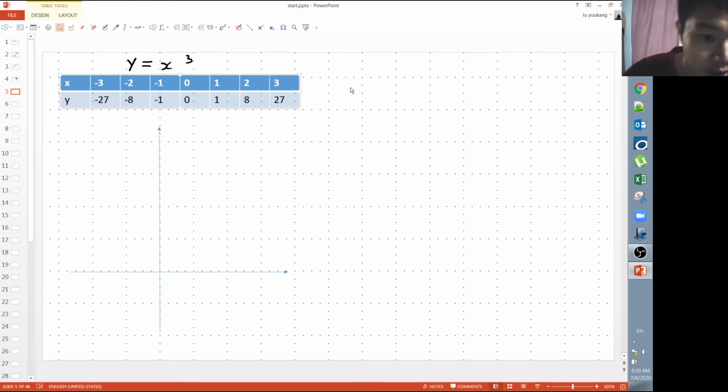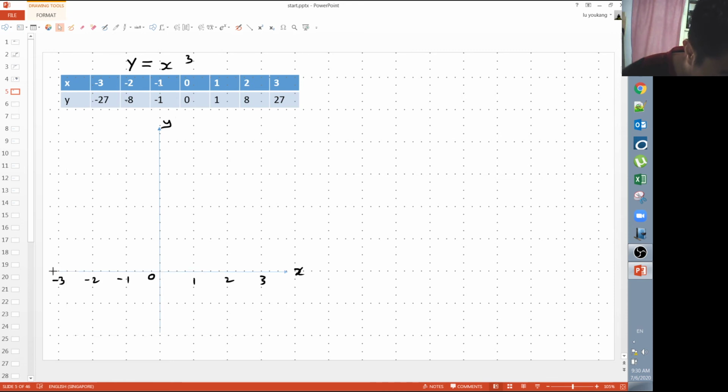points. So now before I continue, I would like to label my x and y axis. Alright, so okay, my x is equal to 1, 2, and 3, -1, -2, and -3. So seems like I need to extend this x-axis.